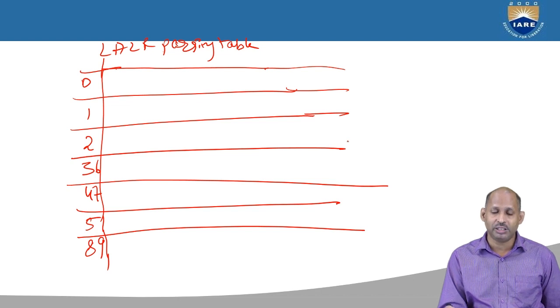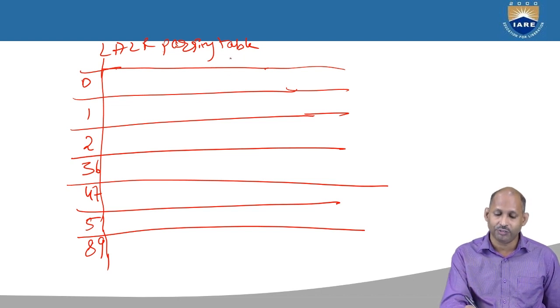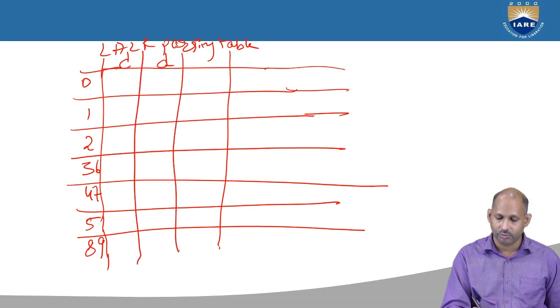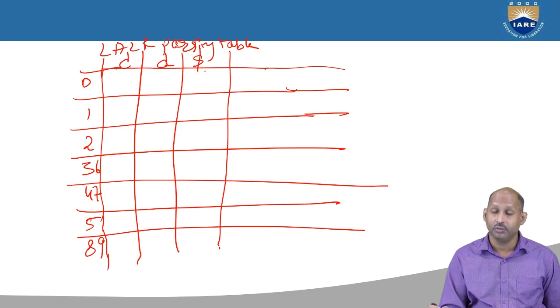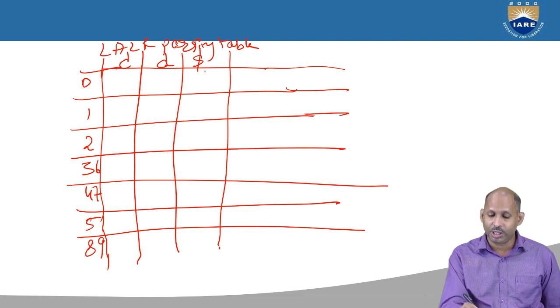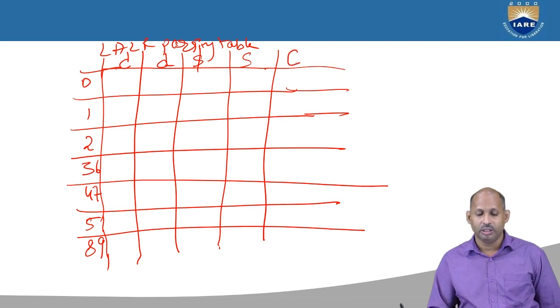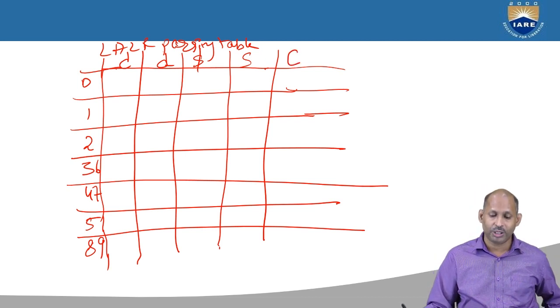Now, what are the terminal symbols we have? Small c, small d and dollar sign. Then what are the variables we have? Capital S, capital C. Those are the variables.